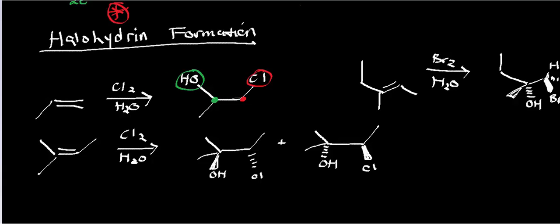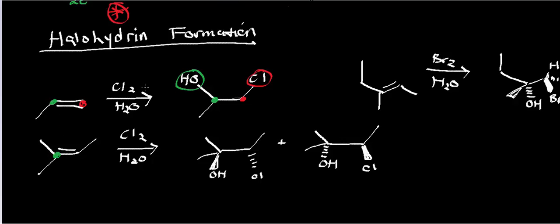Notice on this alkene, this carbon obviously is more substituted. Even though it has one substituent, the one on the right has zero. It only has hydrogens. So that's why the alcohol adds to the left carbon. We're going to look at another example. Let's look at this one below it. Again, the left carbon has two substituents and it's more substituted.